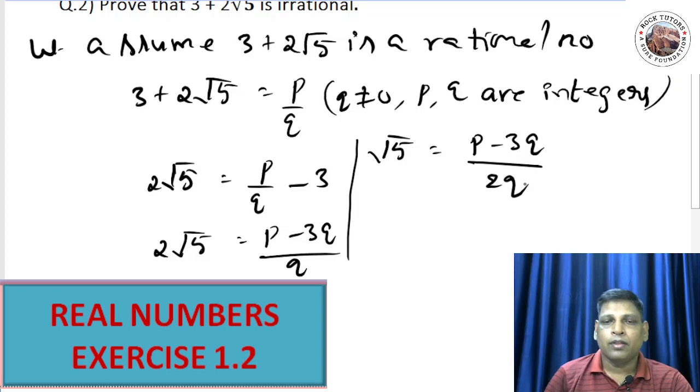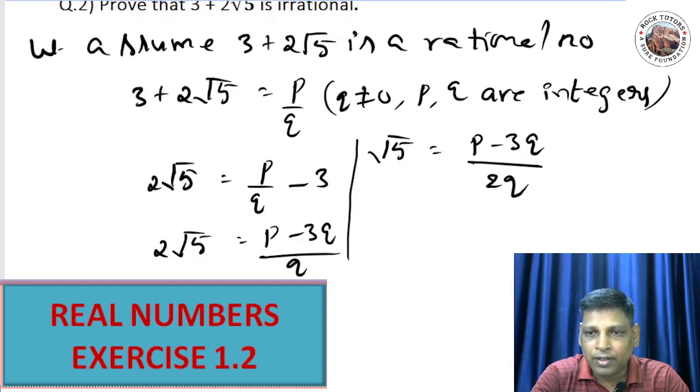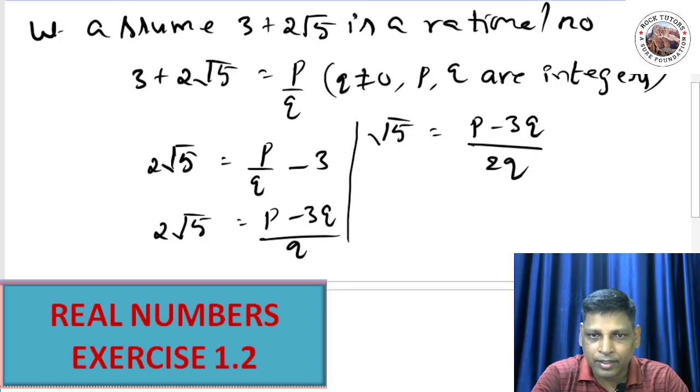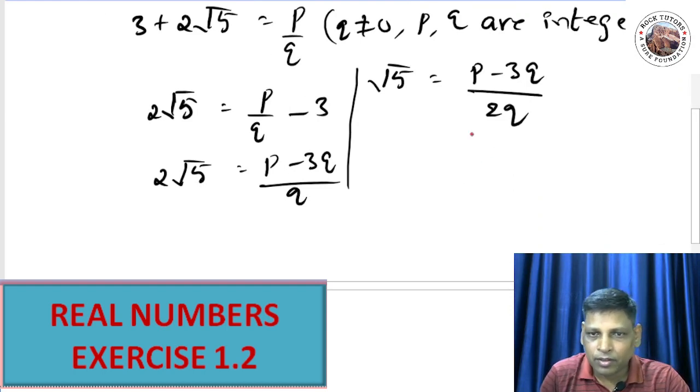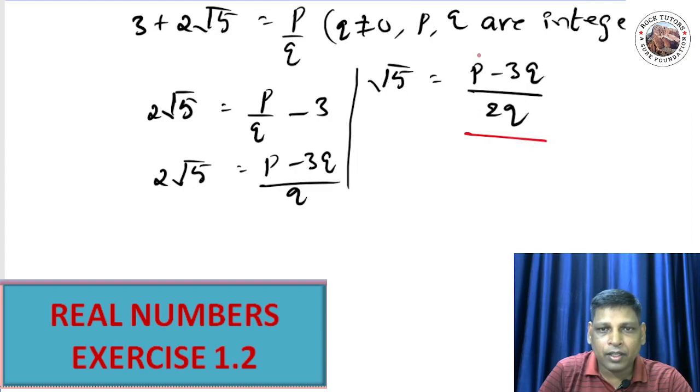If you observe the RHS side, here p, q are integers, 3 is also an integer and 2 is also an integer. That means this RHS is a rational number.